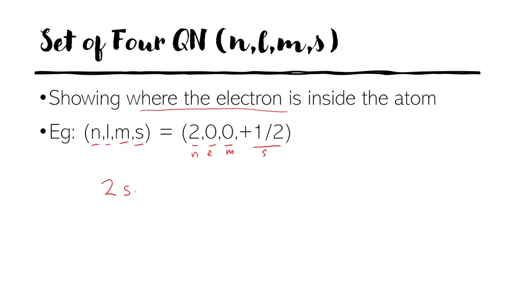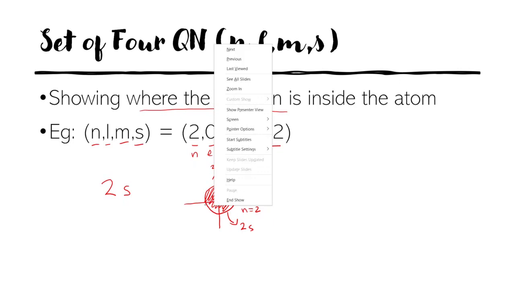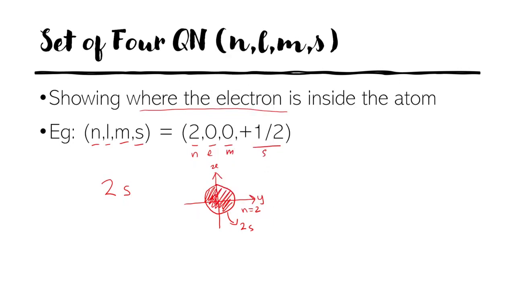There is only one orientation, so you can draw that. This is y, this is x. If you have this orbital at n equals 2 and the shape is spherical, this is orbital 2s. So there is one electron here, with the orientation positive half.